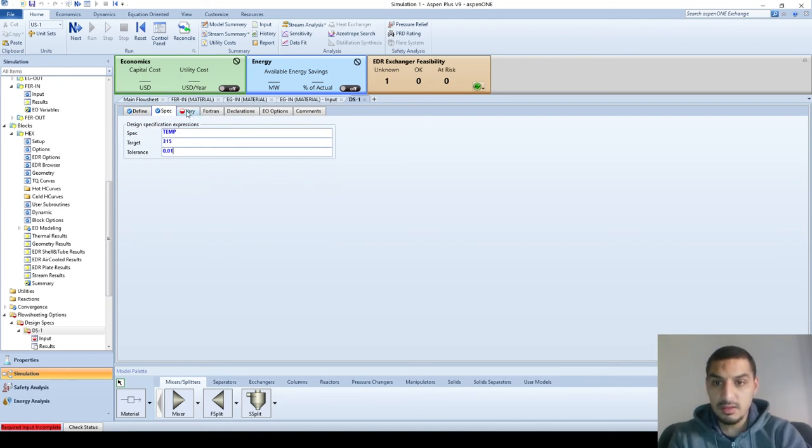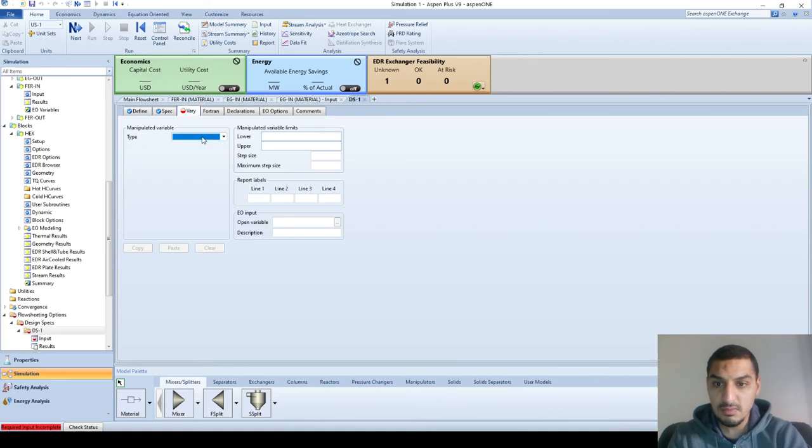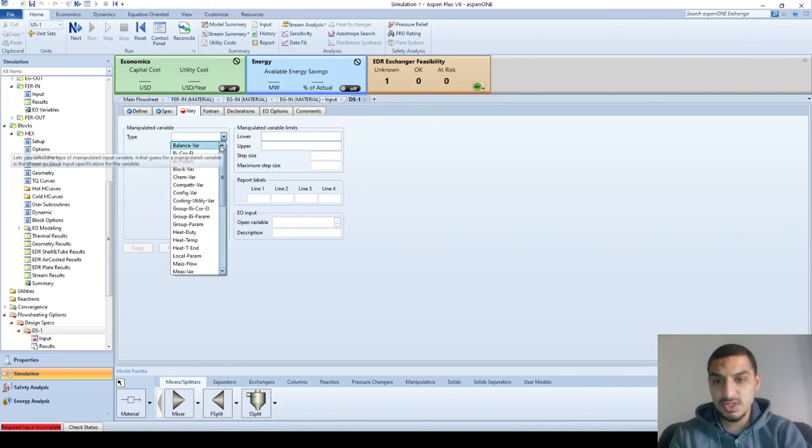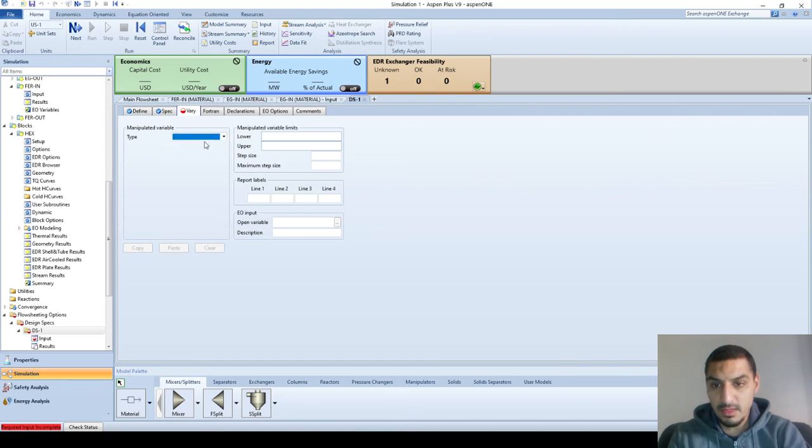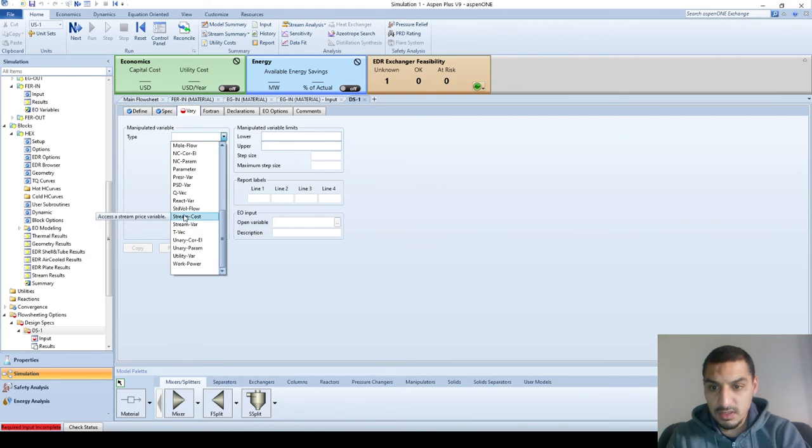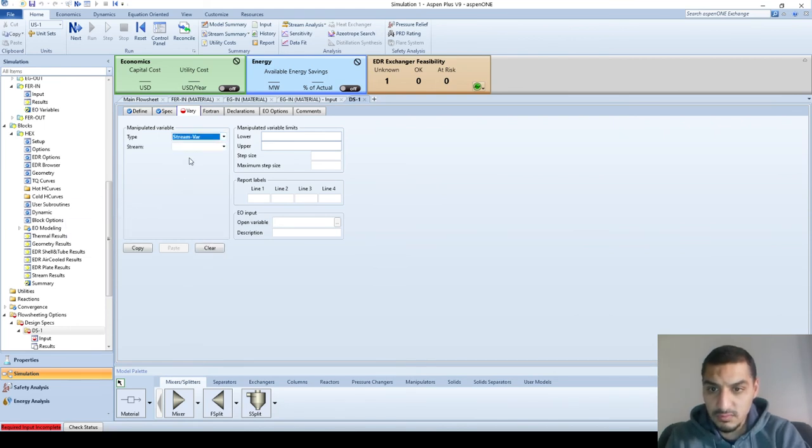Now, the manipulated variable that I'm gonna change is the stream variable, and this stream is the ethylene glycol in, and the variable is the mass flow rate.